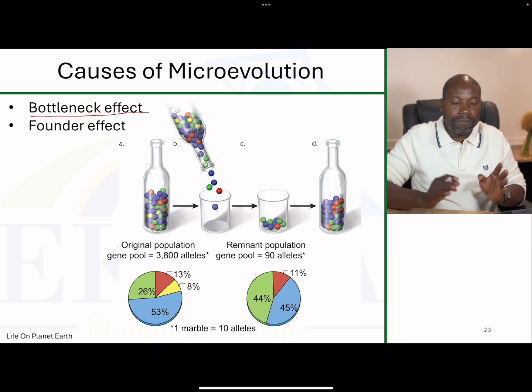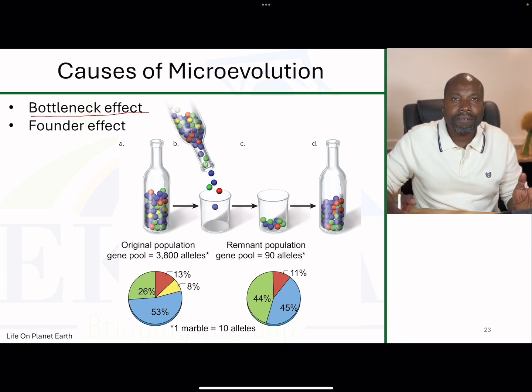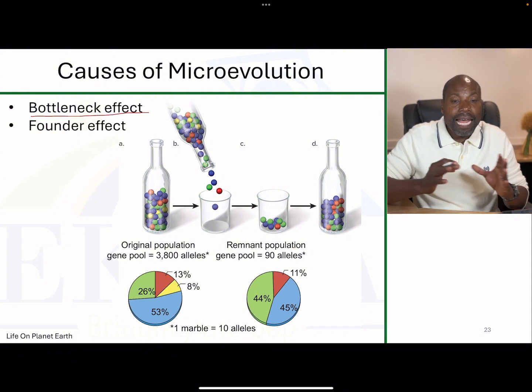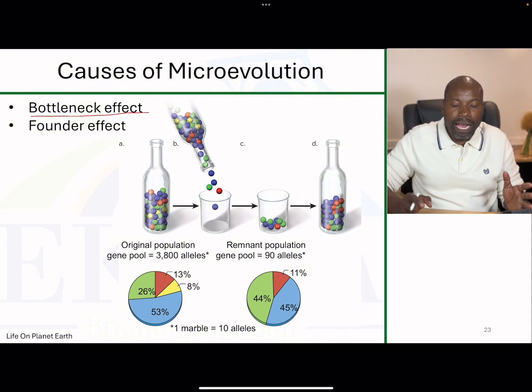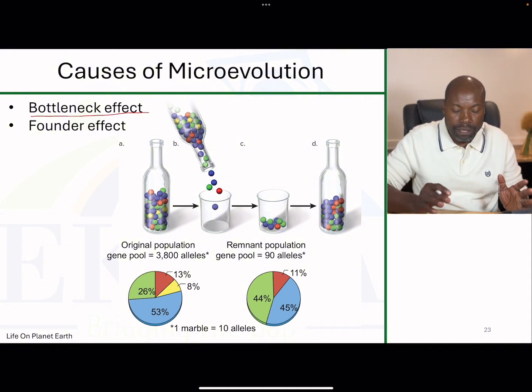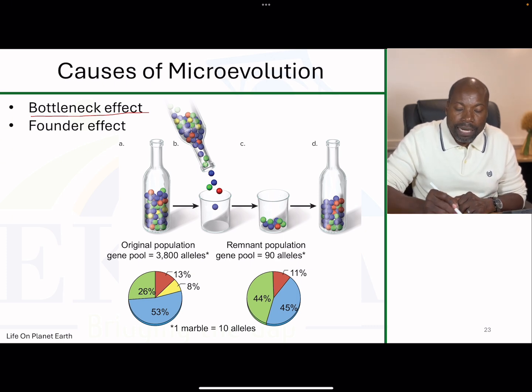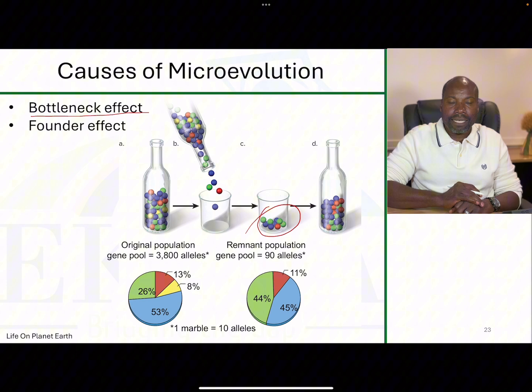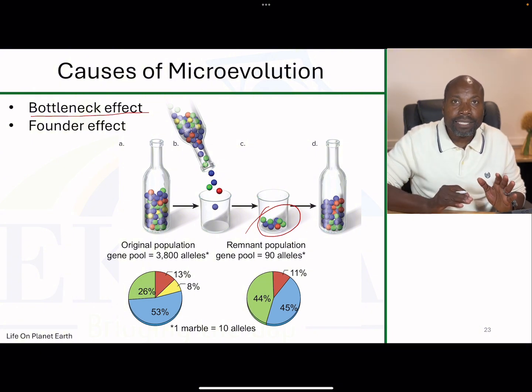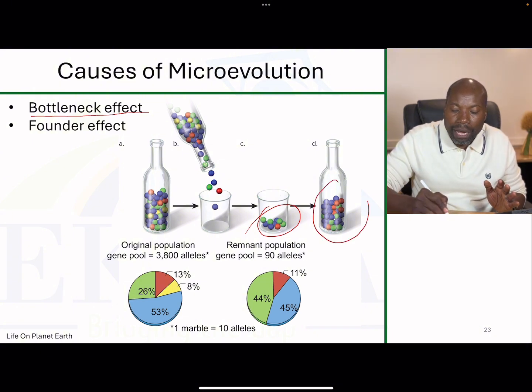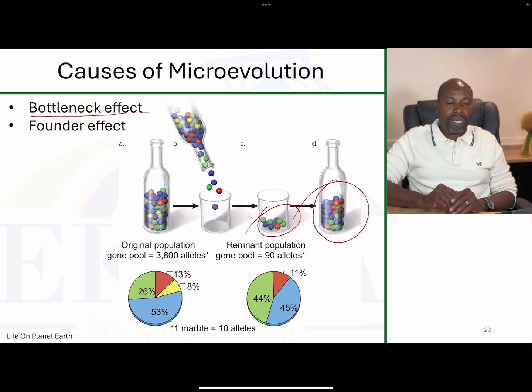In a bottleneck effect, you have a population that is very genetically diverse, right? And for some reason, something happens, so that only a few are selected. And the ones that are selected are the ones that are going to make up the new population.